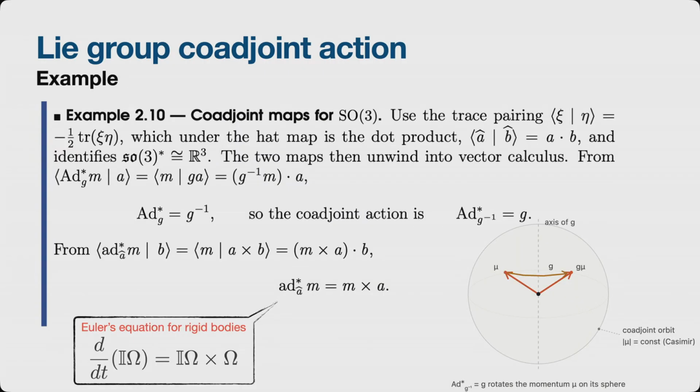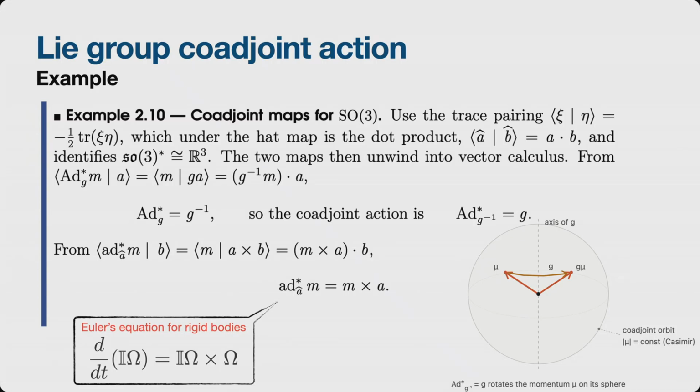I can explain this using another example. For SO(3) again, the pairing between a matrix and a dual element is given through the Frobenius product, the Frobenius pairing. That's this trace. Given that trace, we can identify elements of so(3) dual with R3 also.